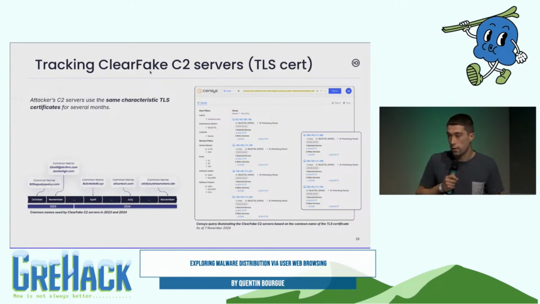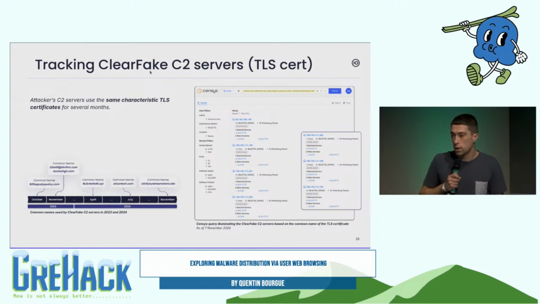So we can easily unveil the whole GreHack infrastructure by searching for servers that use this common name from the TLS certificate. On the left, you can see the common names used over time. The threat actors change every 2 or 3 months. And on the right, you can see the active GreHack C2 servers as of last week. There are 7 active C2 servers.